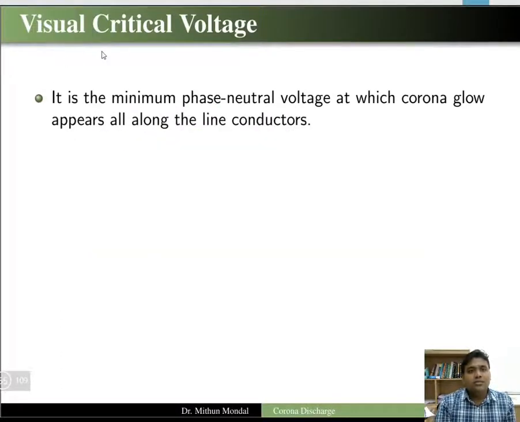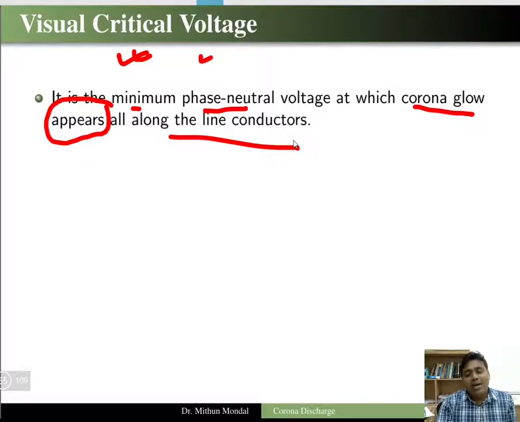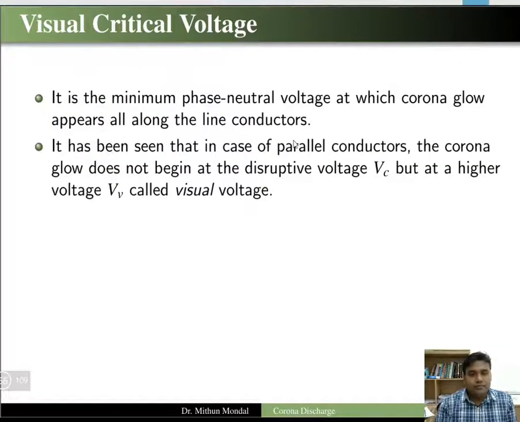Now, what is visual critical voltage? It is the minimum phase neutral voltage at which corona glow will appear. Until now, with the naked eye we can't see the corona, so it is not appearing, but the corona has occurred. The voltage at which we can see the corona is known as the visual critical voltage.